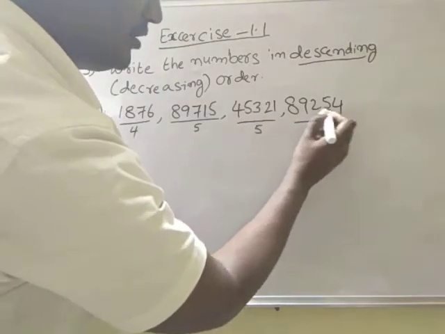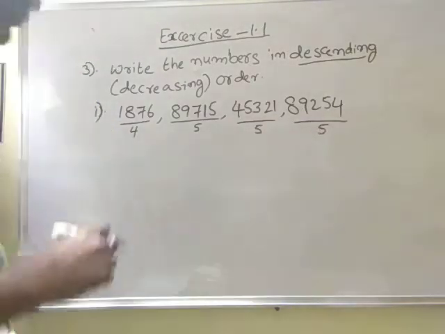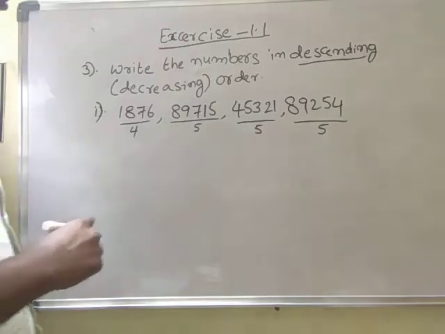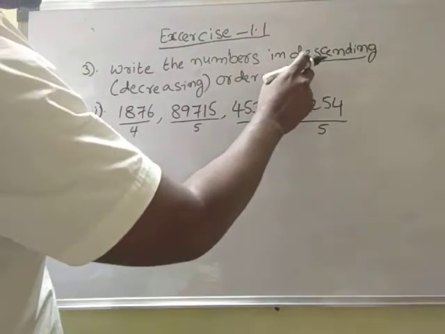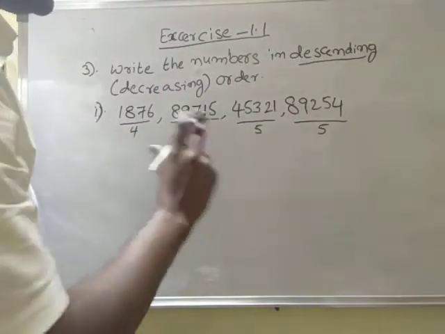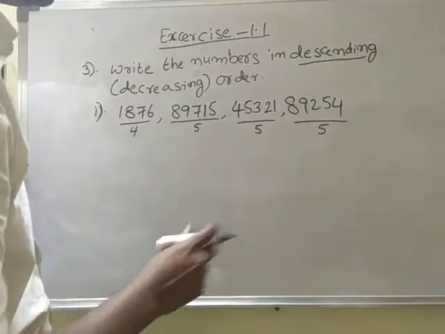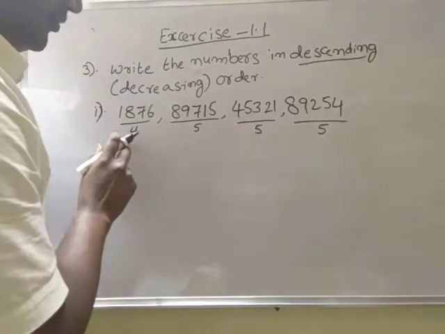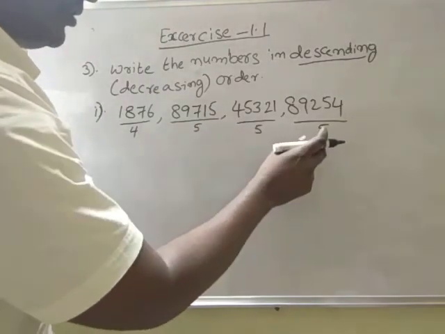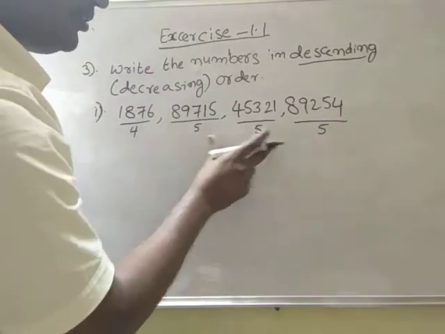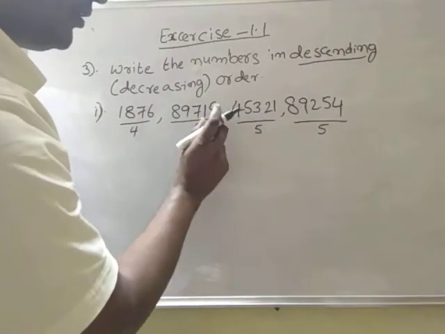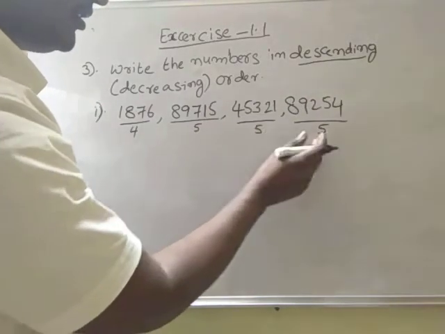In this, 1, 2, 3, 4, 5 digits. Descending means first we have to write the highest number down to the lowest number in sequence. You see, there are three groups of 5-digit numbers.